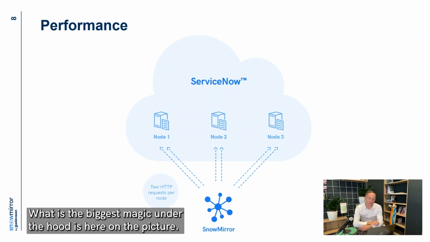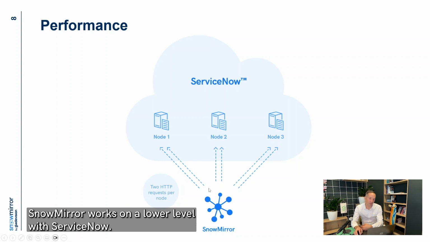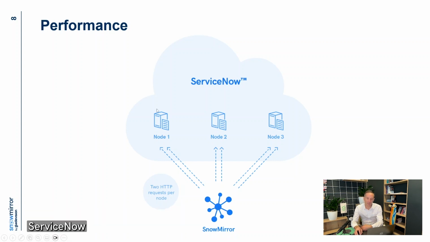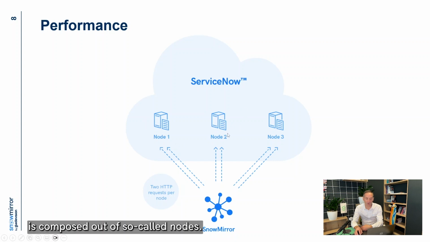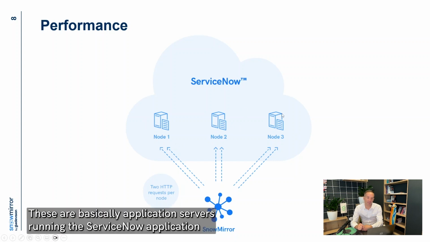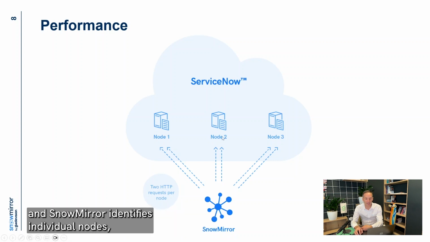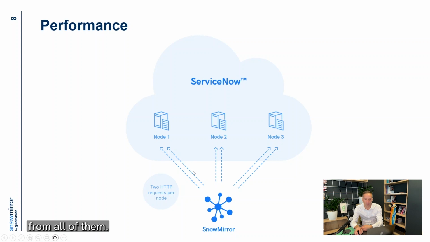What is the biggest magic under the hood is here on the picture. SnowMirror works on a lower level with ServiceNow. ServiceNow is composed out of so-called nodes. These are basically application servers running the ServiceNow application. And SnowMirror identifies individual nodes and then it downloads the data concurrently from all of them.